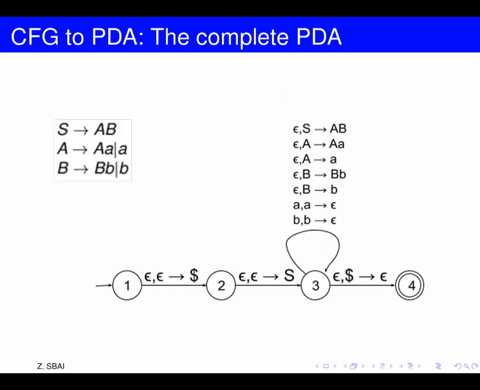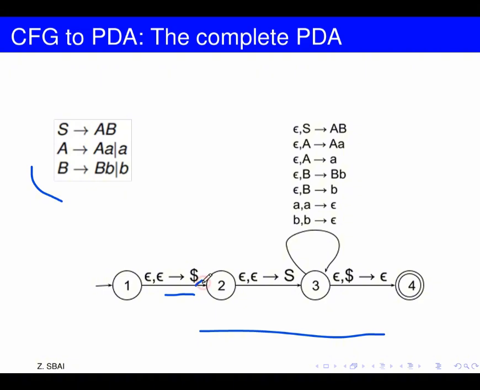Now let's draw the complete pushdown automaton given a context-free grammar. In general, we will have these steps for any grammar given. In the first transition, we will push the dollar sign symbol. Remember, this symbol is used to track if the pushdown automaton is empty or not.